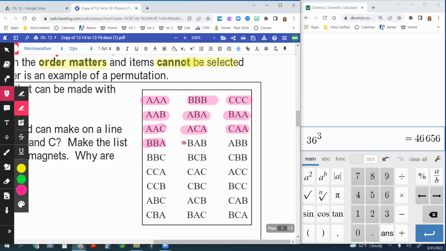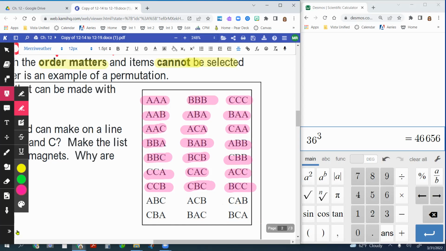So all of these ones where we're repeating, that is not allowed in a permutation. None of these ones are allowed in a permutation. Okay, ABC is okay, ACB is okay, CAB is okay, CBA is okay, BAC is okay, BCA are okay.